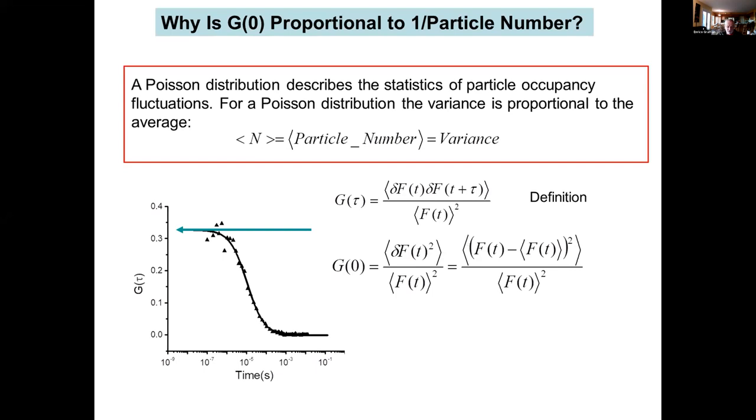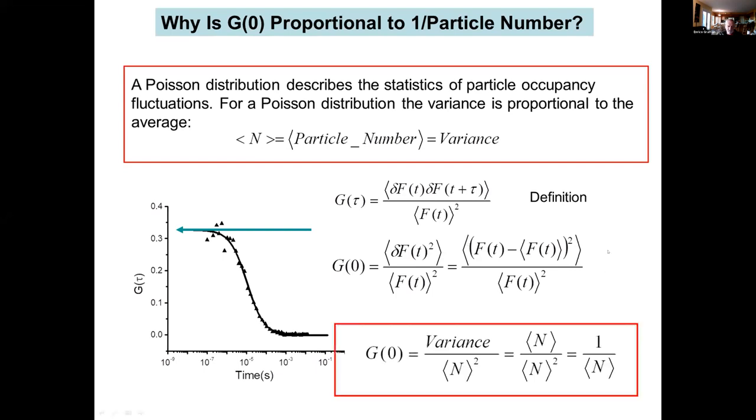But that definition, which I have here, if I use the variance, so this is the variance, this is the square of the average, but the variance is equal to the average in the Poissonian distribution. So G0 is proportional to 1 over n. And that is exactly the same result I obtained by saying that one molecule leaves and one molecule can add in the excitation volume.